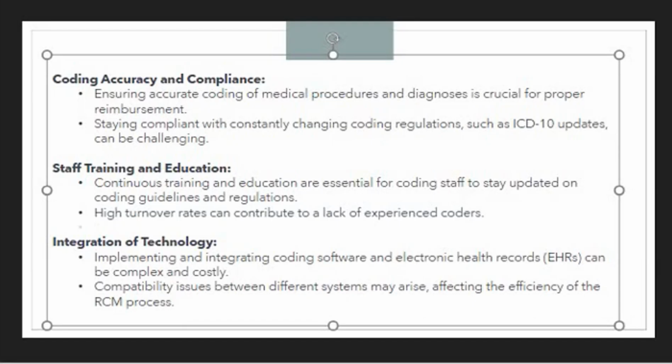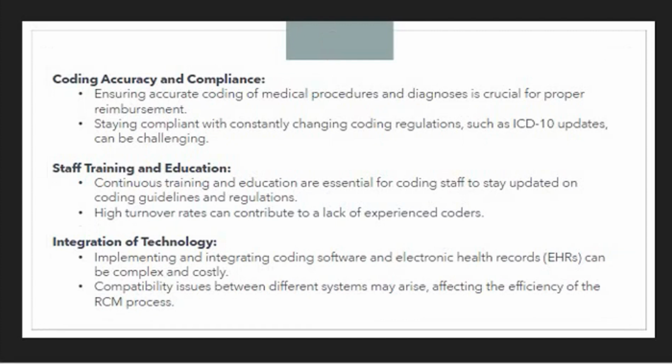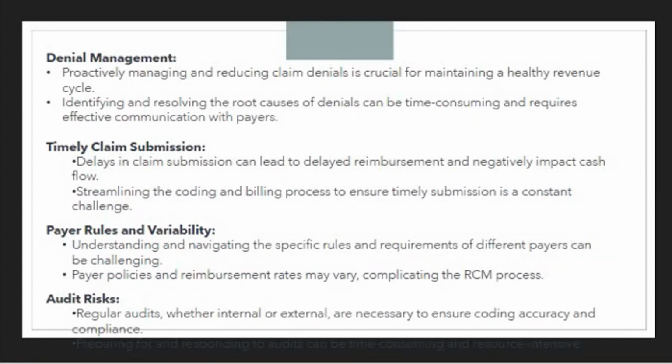Fine. Now we will move to the next point, and the next point is denial management, a very crucial point. Okay, just keep a note of it. Proactively managing and reducing claim denials is crucial for maintaining a healthy revenue cycle. Why? Let's say you have started one process and due to some issue a denial occurred.